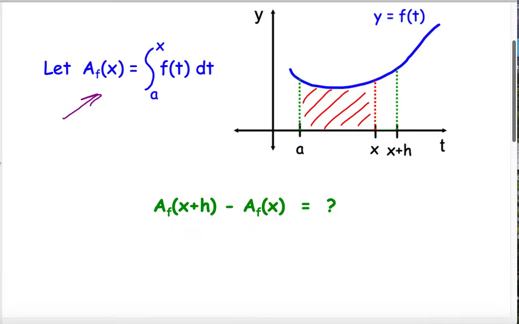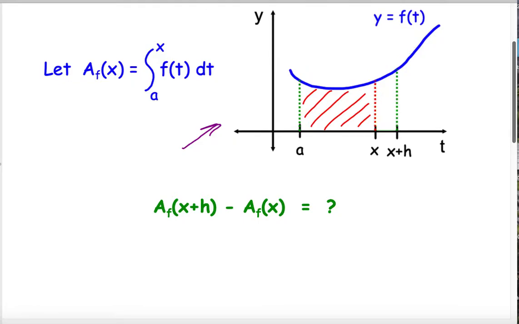All right, so I would like to find the difference between the area function of x plus h, which is going to be, let's do it in a different color, the area of this. And I want to subtract off the area function evaluated at x, and that's going to be the red amount.